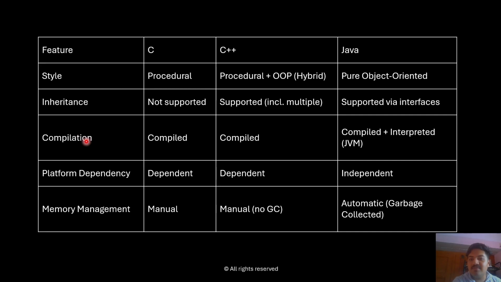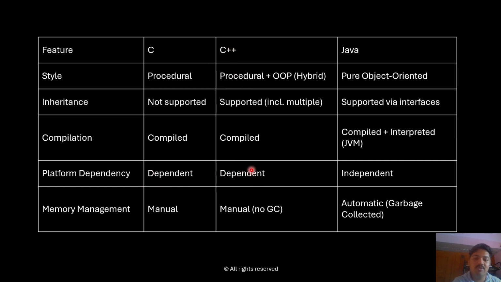Compilation. C and C++ are compiled, whereas Java is compiled and interpreted using the JVM. Platform dependency. C is a platform dependent language.